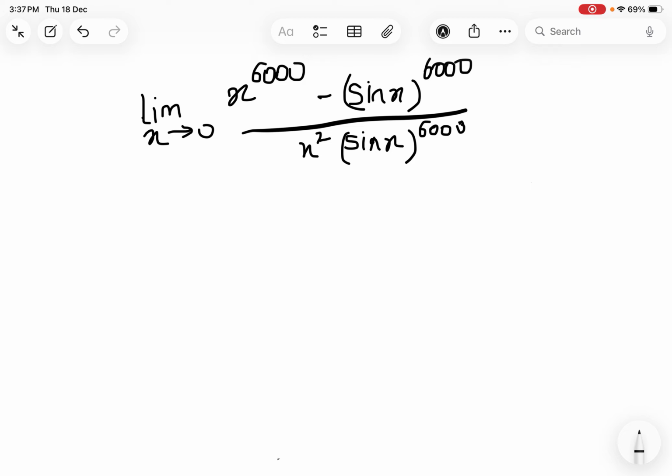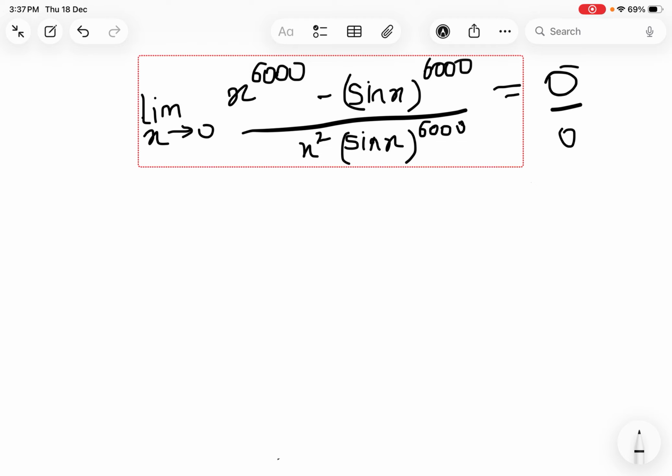minus sine x raised to power 6000 upon x square into sine x raised to power 6000. Now as you can see, this is 0 by 0 form, so we can think of applying L'Hopital, but after 1 minute of thinking you are going to figure out that that won't work. Why?